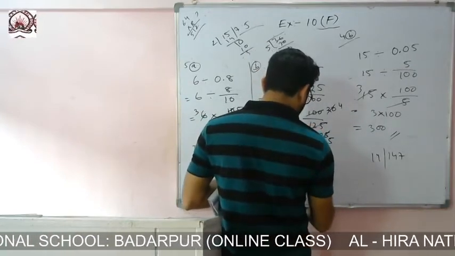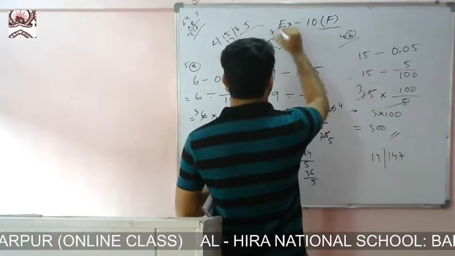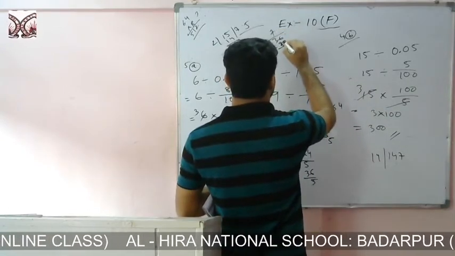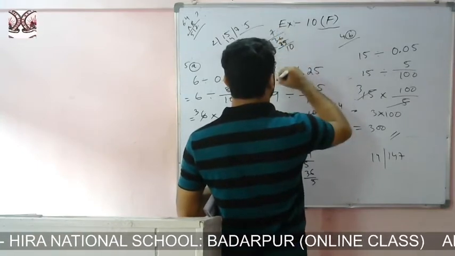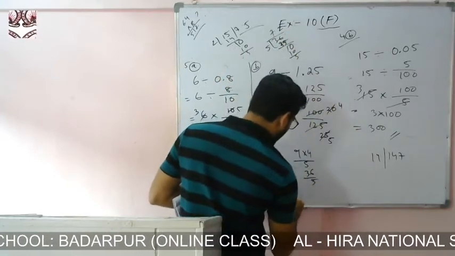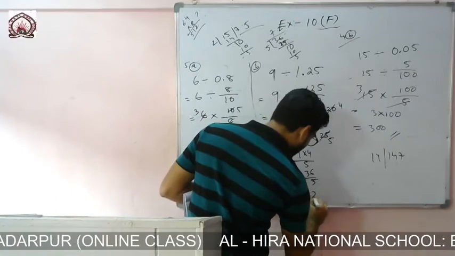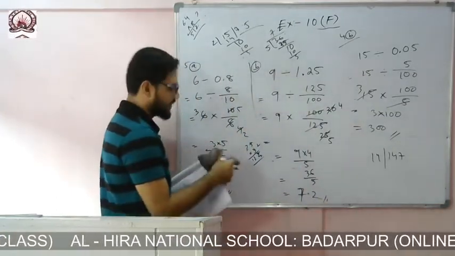Again what we are getting? 36 by 5. Okay. So 5 sevens are 35. Here remains 1. So we'll put a point and take 10. Then 5 twos are 10. So the answer will be 7.2. Okay. 7.2 is the required answer.